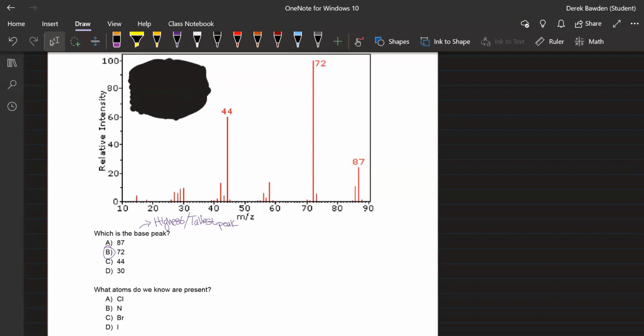Would it be nitrogen since it's an odd number? Perfect. Our mass number is odd. And anytime you have an odd mass number, you know that nitrogen is in the molecule.